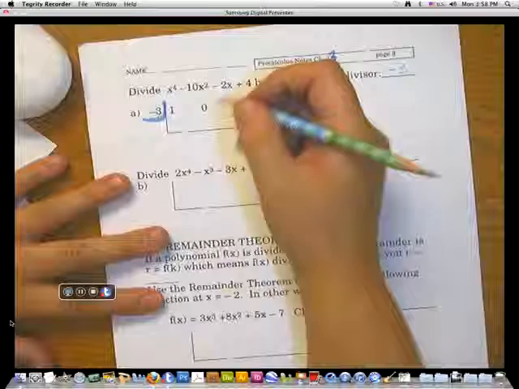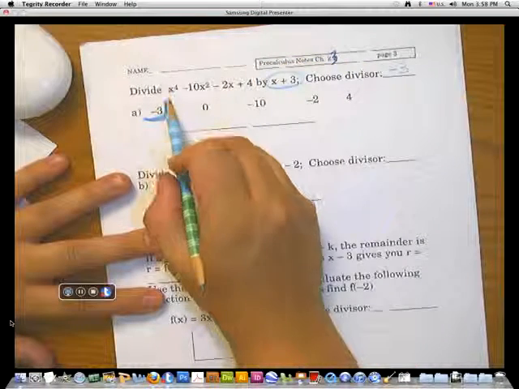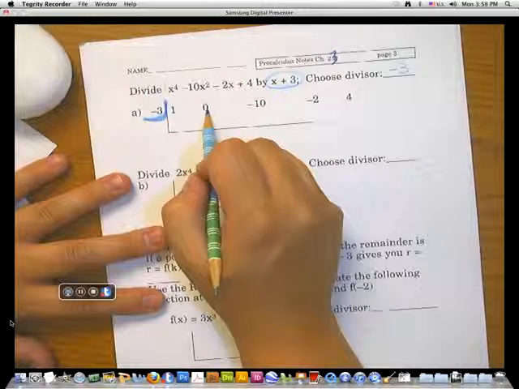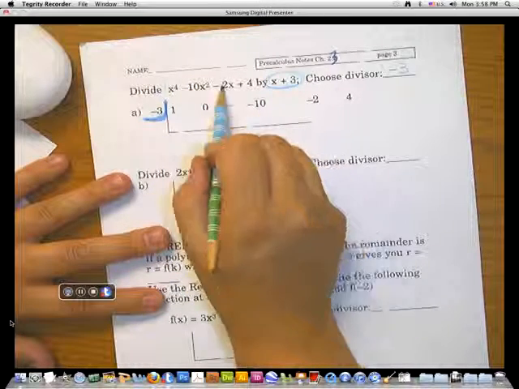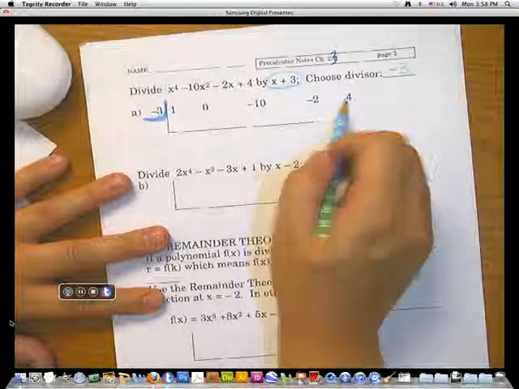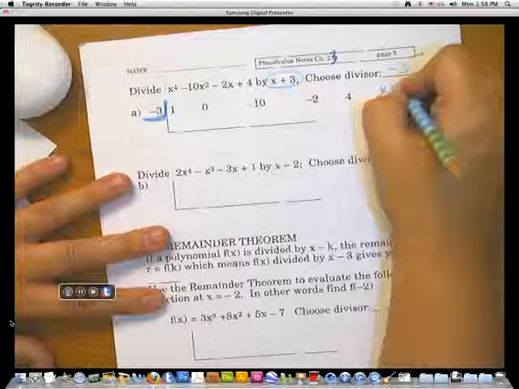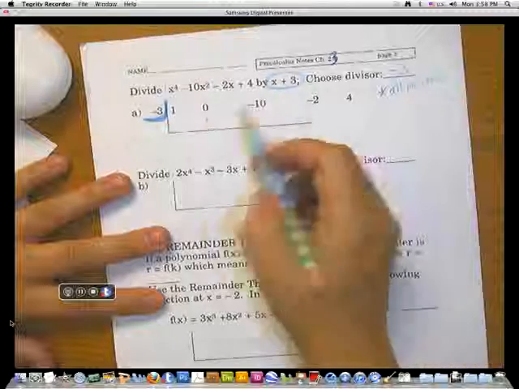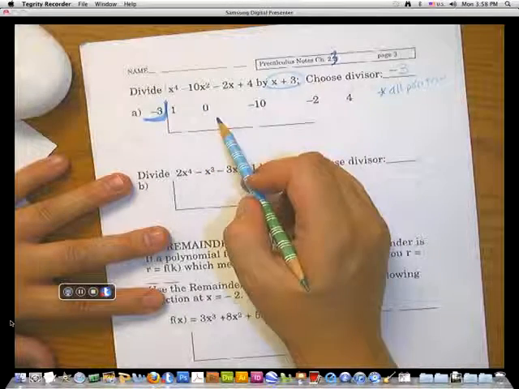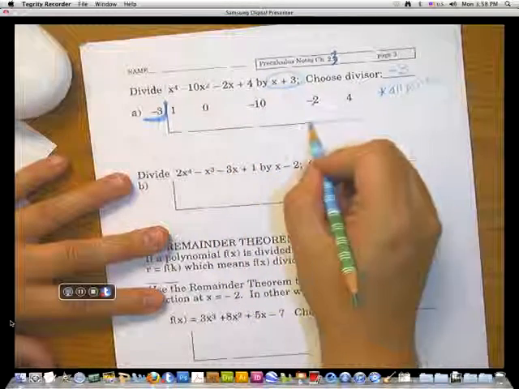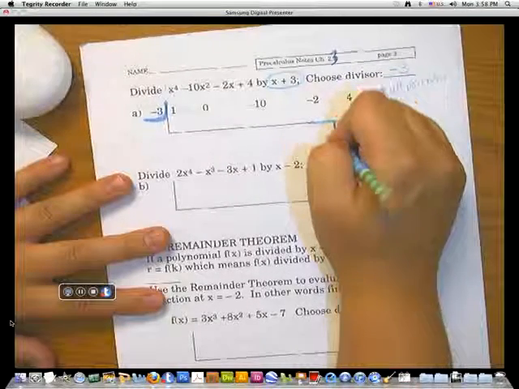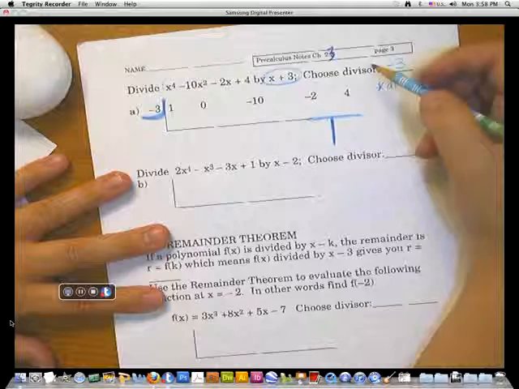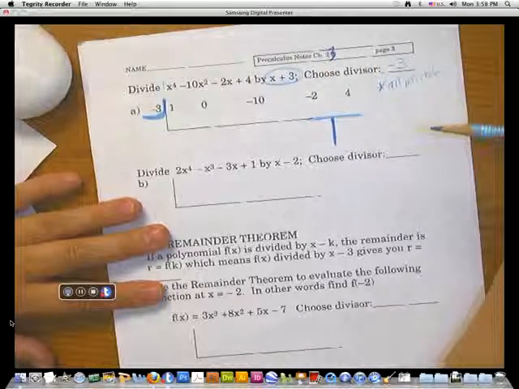And we have all of our coefficients, 1, 0, because every position has to be accounted for, -10, 2, and 4. All positions accounted for. So there's no cubed, then a 0 goes in its location. Now we know the last location is our remainder, so I'm going to put that line or the dash, because I really want to make sure I understand that that's going to be a remainder.